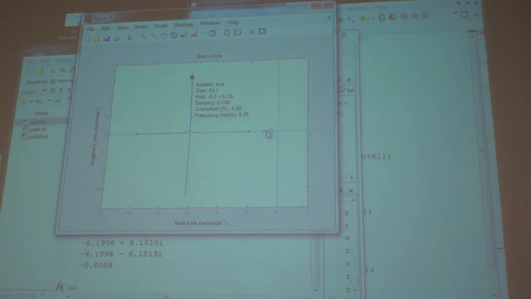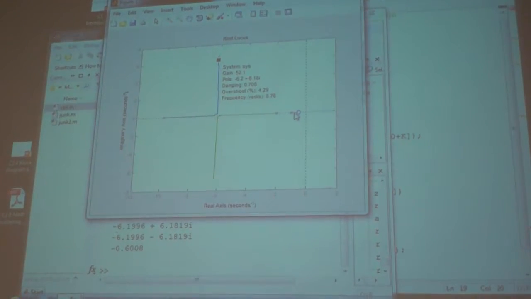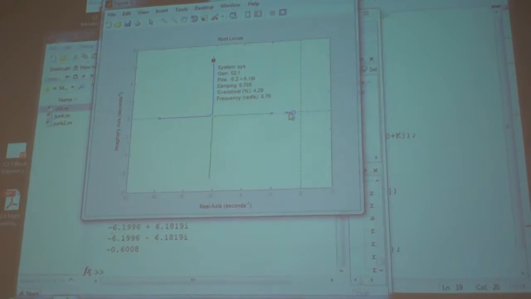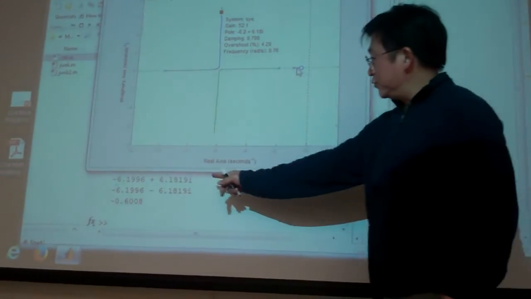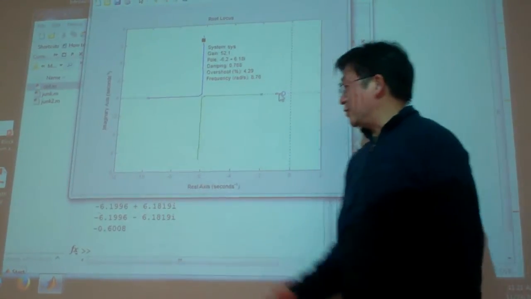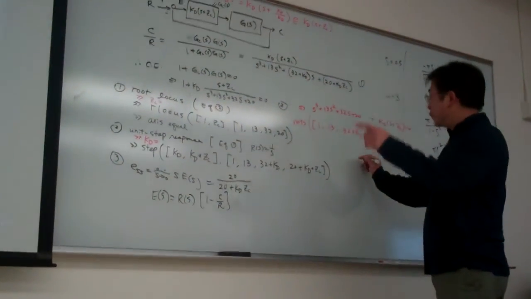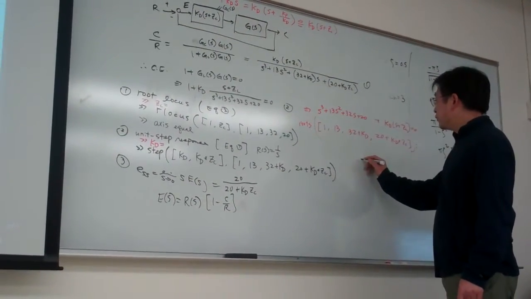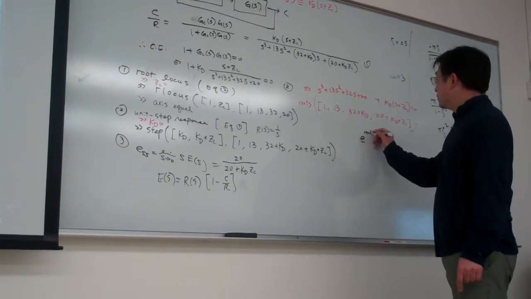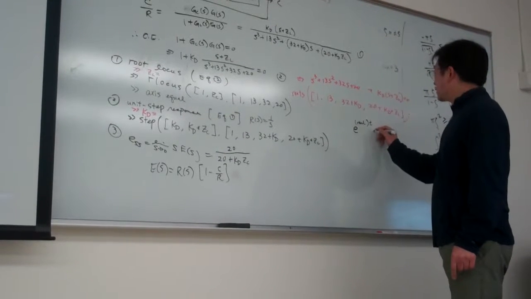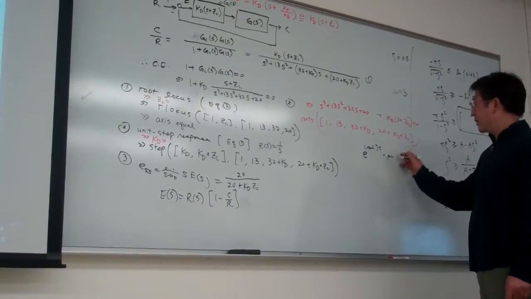For this case, I can show you the whole response will be the summation. The response due to the two poles, in isolation, will be the exponent of the real part times t, times a sinusoid whose frequency is the imaginary part times t.